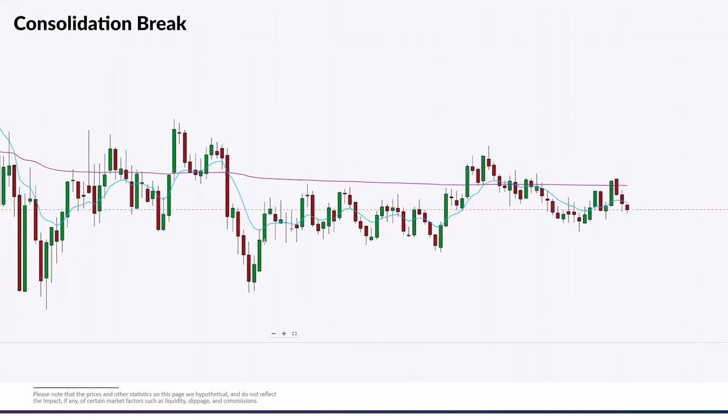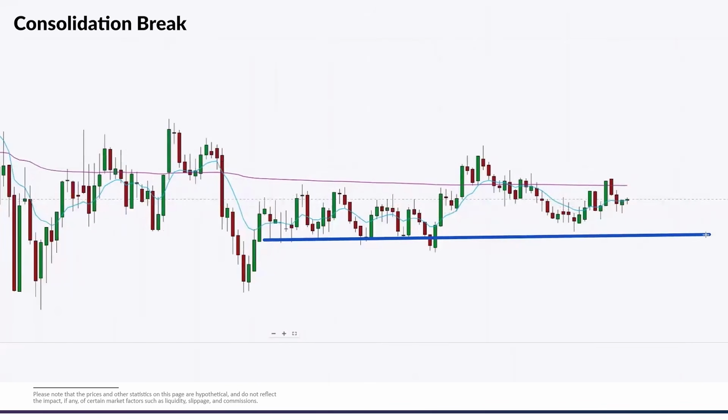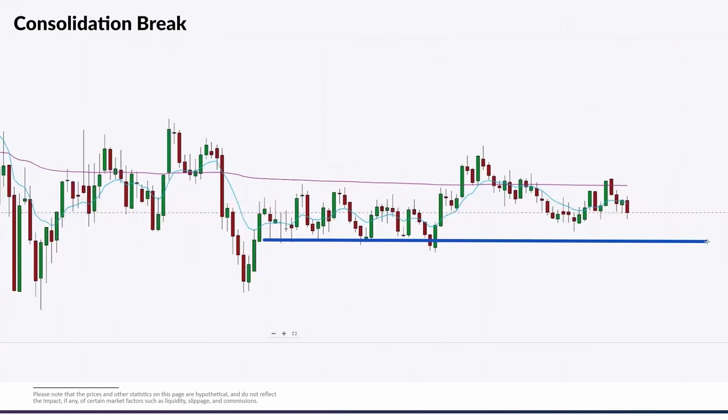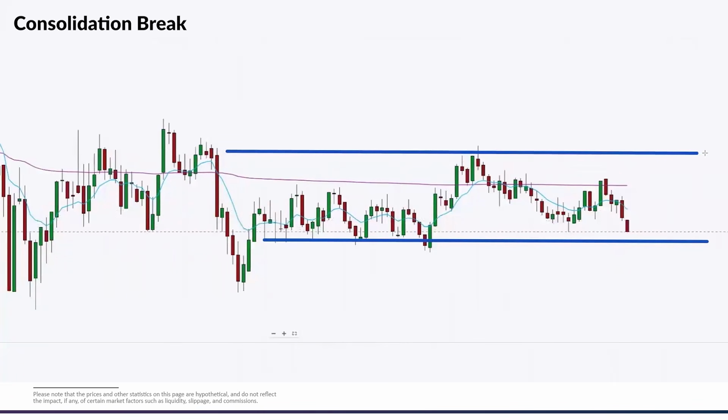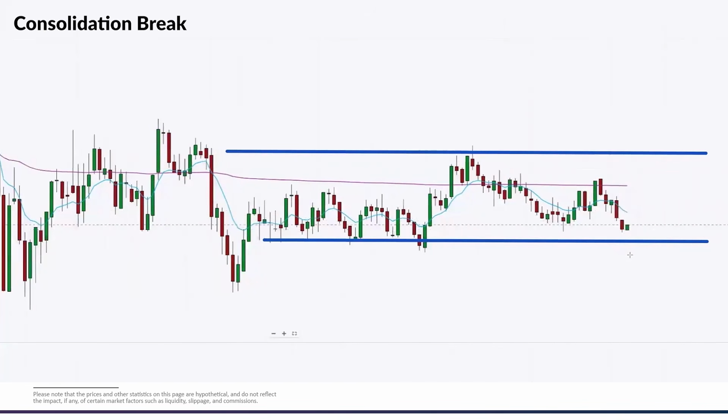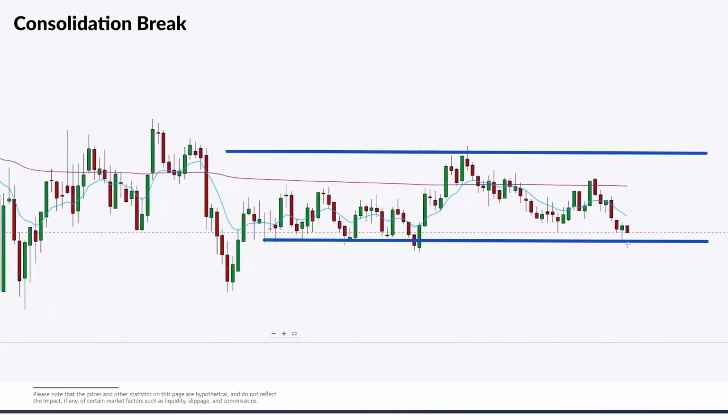So our number one trade, the first consolidation break trade that we could look for, would be a consolidation breakout, either above the high of this level or below the low of this level, outside of our blue lines. If we're taking a straightforward consolidation breakout trade, we're paying attention to the price action. We're seeing the selling pressure build up.